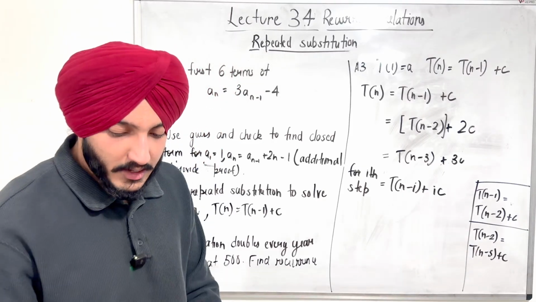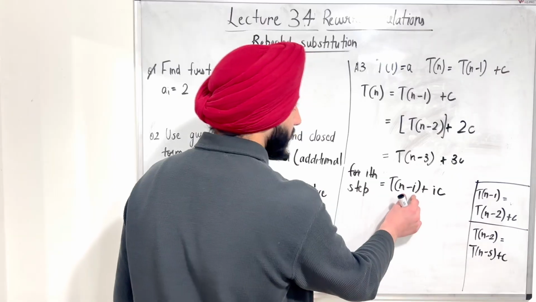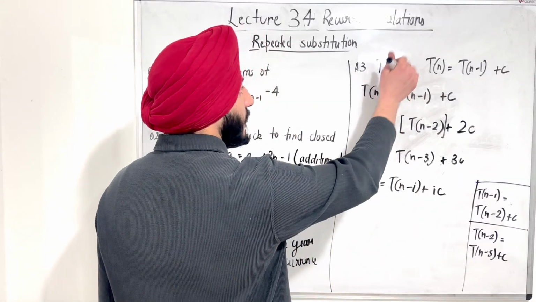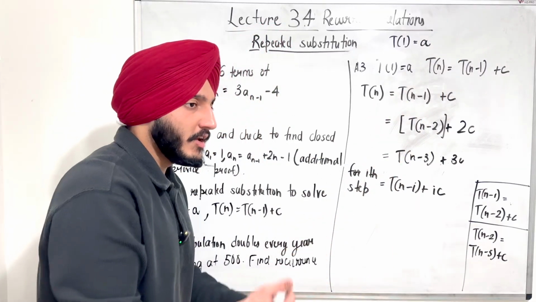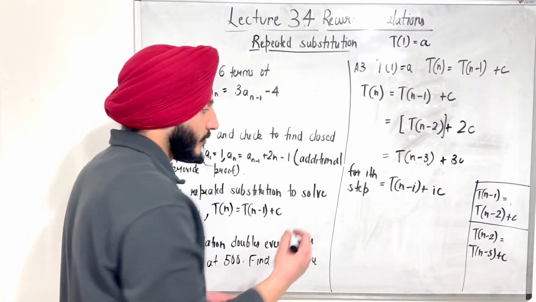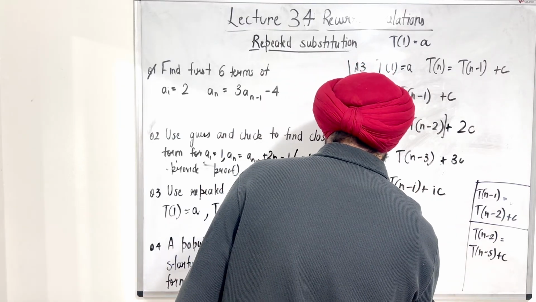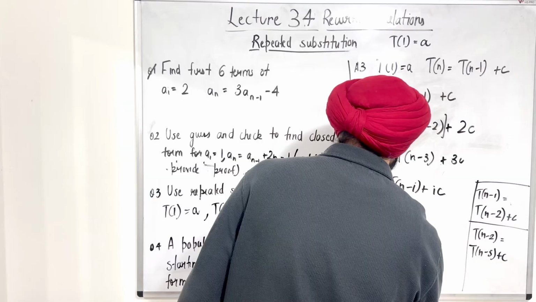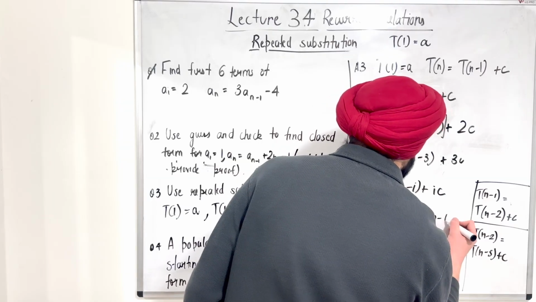Okay. Now, once again, we're still not done with the question. I need to replace this n minus i with the base case, the base value, which is T1 equal A. So I need to reach the base answer again. So I'm going to set n minus i equal to 1. This gives i equal n minus 1.